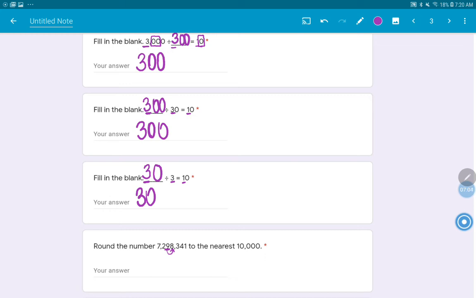Since 8 is more than 5 or greater than 5, that's going to tell this 9 to go up. So when 9 goes up to the next number, it's going to become a 10, which means I'm going to have to regroup that 1 with my 100,000s place value. So my answer will be 7 million. And if I add that 2 and 1 together, that gets me 300,000.